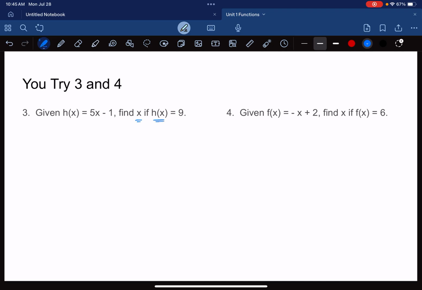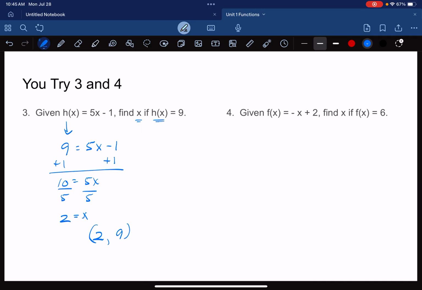I'm going to replace h of x with 9. And I don't know what x is, so I'm just going to leave it in place, and I'm going to solve that for x. So I'm going to add 1 to each side. I'm going to divide by 5. And I'm going to get 2. So that means that when I input a 2, I get an output of 9.